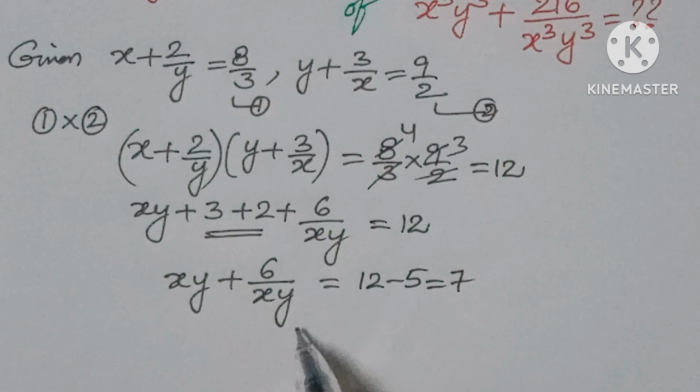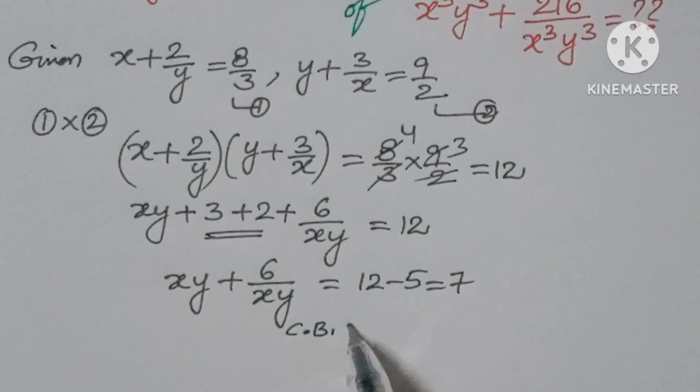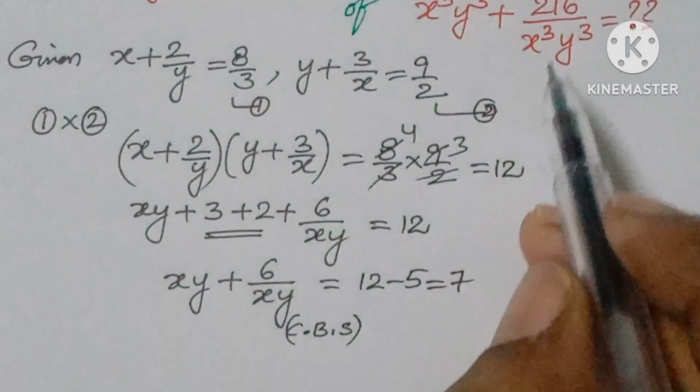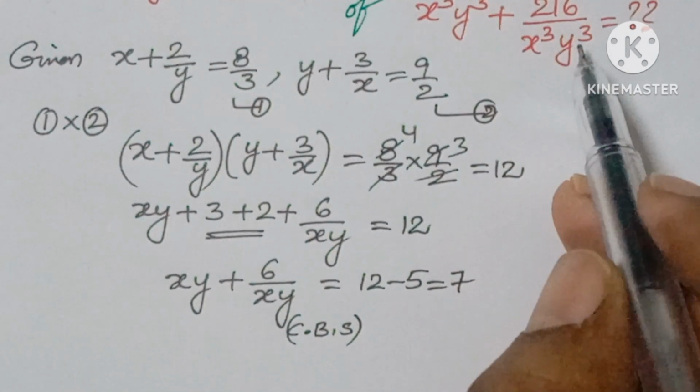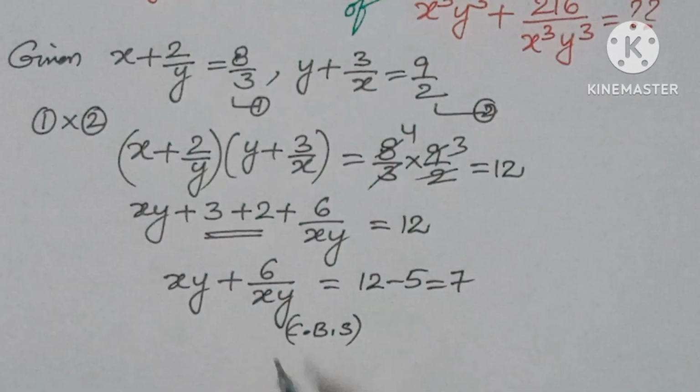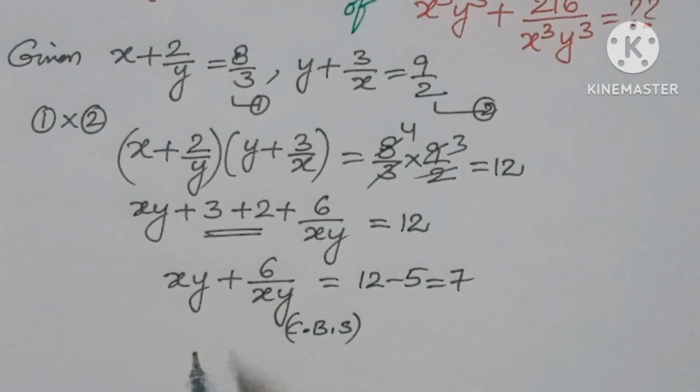Now here, cubing on both sides. In the problem it is given x cube y cube by x cube y cube, so we are doing cubing on both sides.